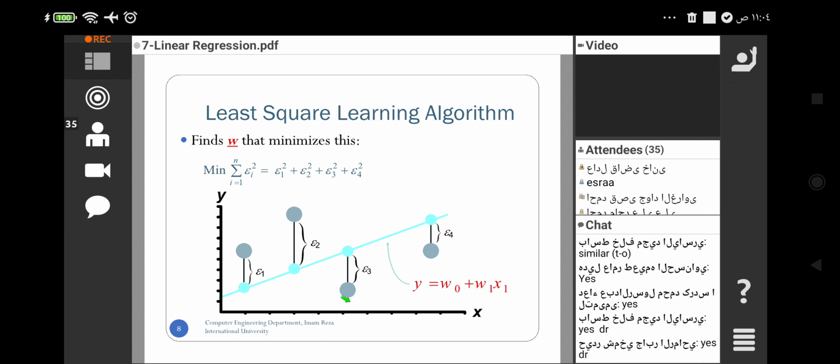For example, in this data, this is the x value here, and this is the y value here. And this line, which we have learned using this data, says that for this data, this is the y value. So this is the error, this is the prediction, this is the target. You understand?